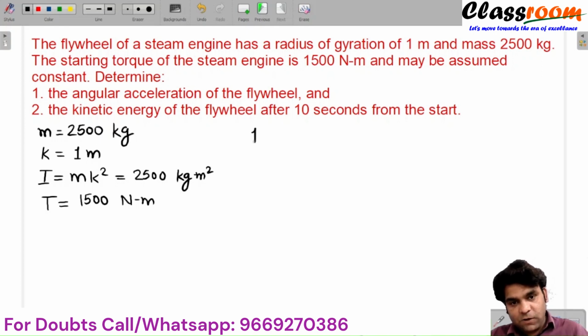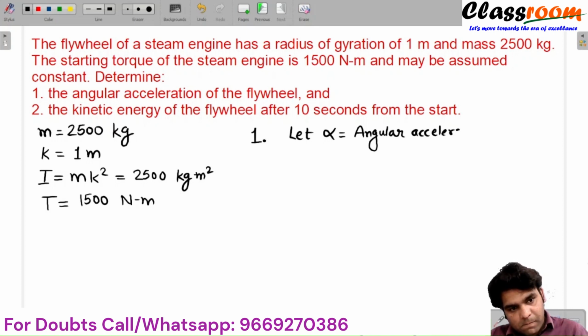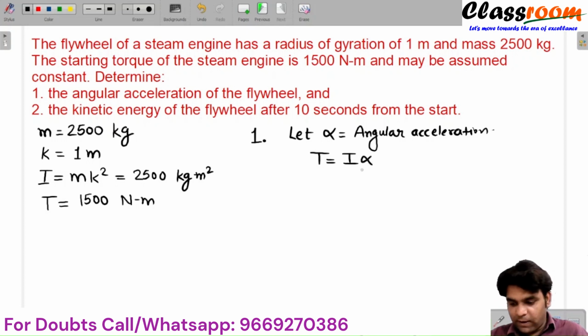First we are solving for the angular acceleration. Let alpha be the angular acceleration, and we know that the starting torque is equal to I into alpha.